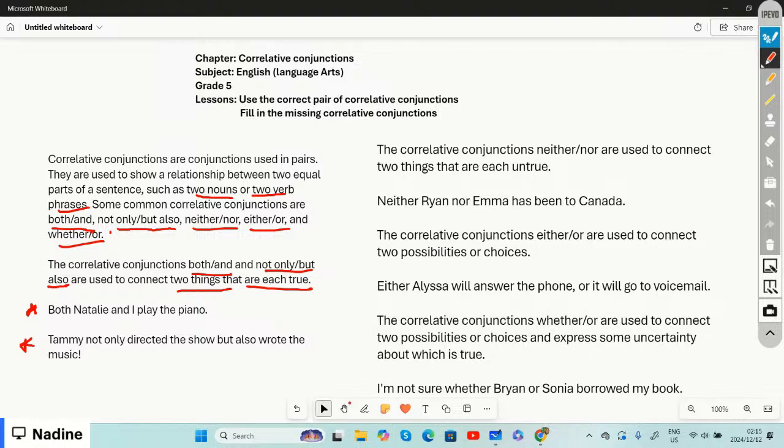All right. The next one is the correlative conjunction neither nor. That is used to connect two things that are each untrue. It's not true.